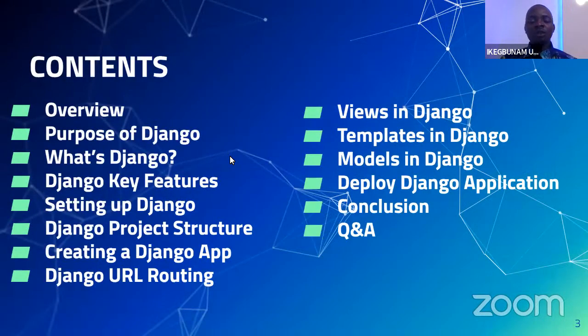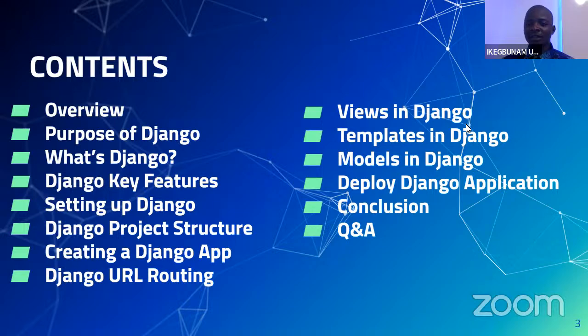Today we'll be talking about an overview of Django, what Django is all about, the purpose of Django, a Python web framework for building scalable and secured web applications. We'll also be talking about Django key features, all those features that make Django what it is. We'll be talking about how to set up a Django project, the structure of a Django project, creating a Django application, then Django URL routing.